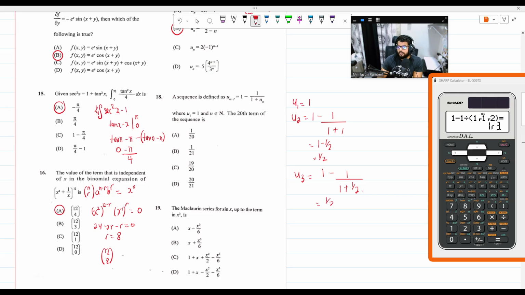Okay, if u4 is a quarter, then I know that my u sub n, the denominator is just going to be whatever n is, 1 over n. 1 take away 1 over 1 plus a third. So instead of 1 and a half, I'm going to have 1 and a third. And I get a quarter. So yes, u20, the 20th term, is going to be 1 over 20.